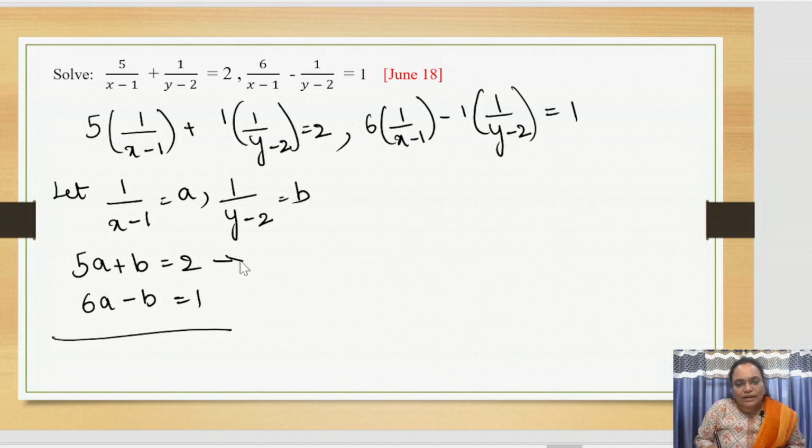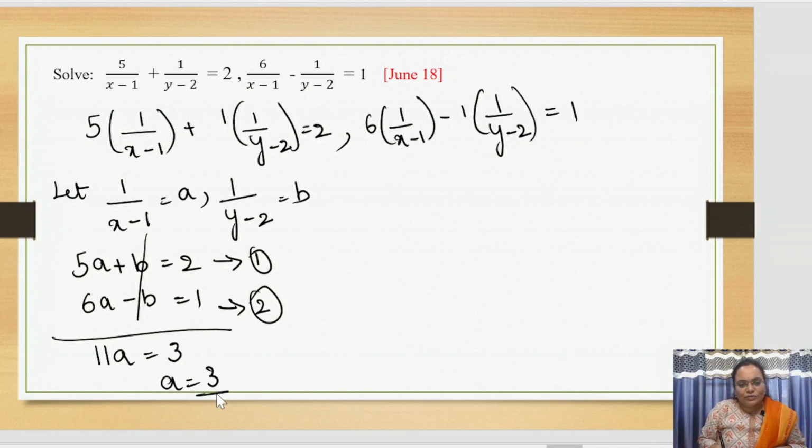Okay, so let us take this as equation 1 and equation 2. We can solve these 2 equations by the elimination method. Yes, so b will get cancelled, which gives 11a is equal to 3. So from here you will get a is equal to 3 by 11.